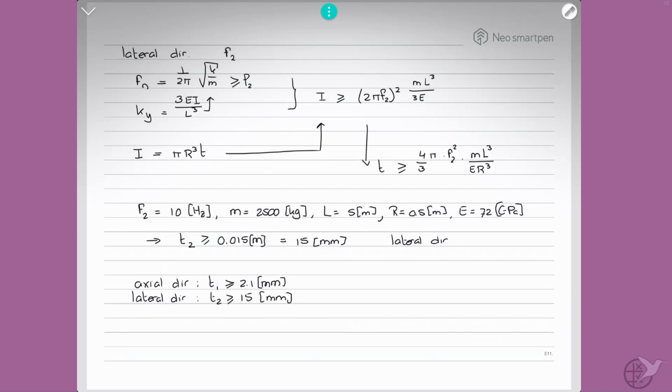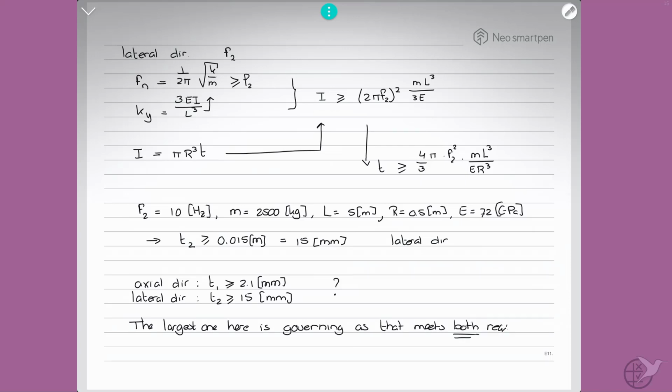But which one is governing? The largest one here is governing, as that is the only one that meets both requirements.